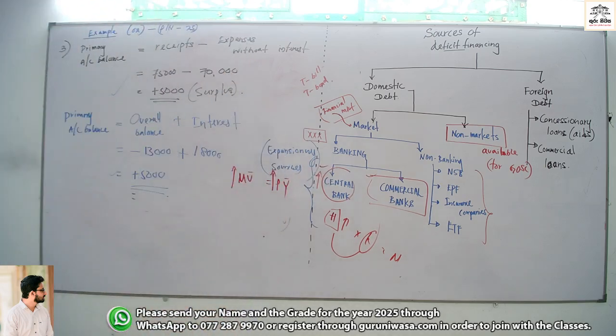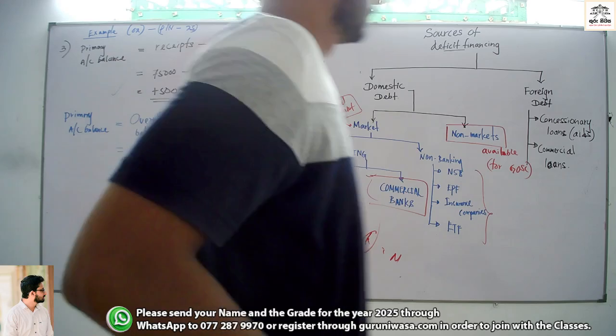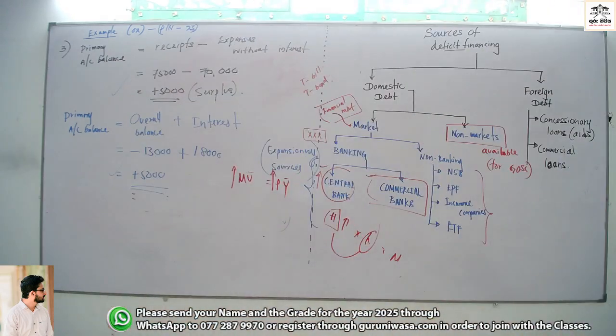Are you okay with this? Write down, highlight this banking sector, put a circle around the banking sector. These are called expansionary sources. Expansionary sources mean mainly the central bank and commercial banks.